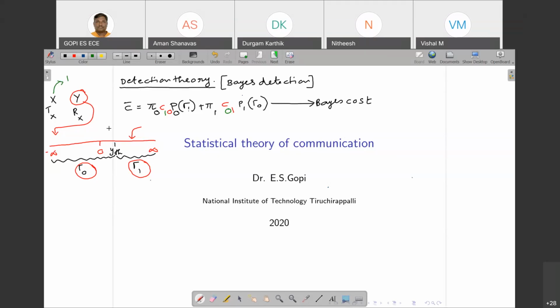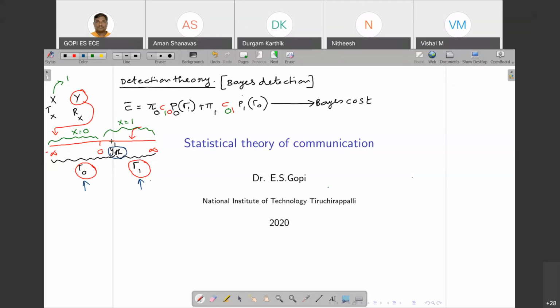If the observation lies in the gamma naught region, we say that whatever is being transmitted is 0. So the detection rule is actually the requirement to find this set, basically gamma naught and gamma 1. That means you are indirectly trying to find this YTH.